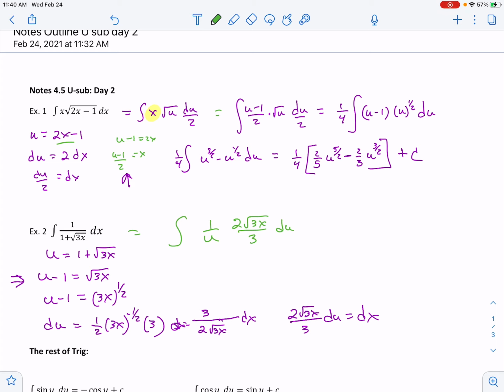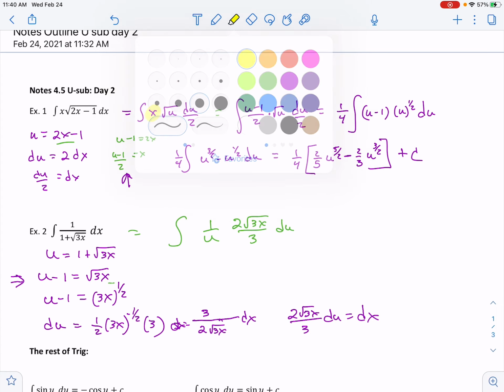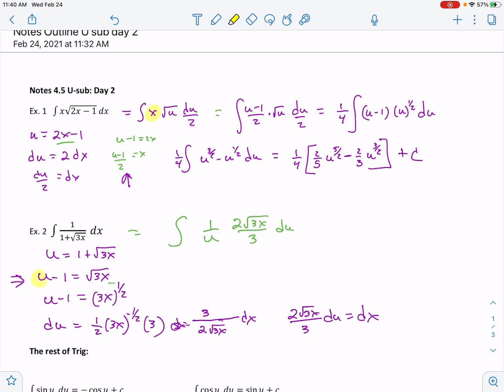You're like, well, that's still ugly. Well, right here, we have the square root of 3x is equal to u minus 1. So I can, first place, put my 2/3 out front. I have 1 over u still, and this becomes the square root of 3x.